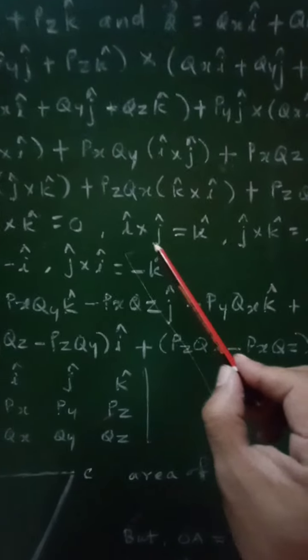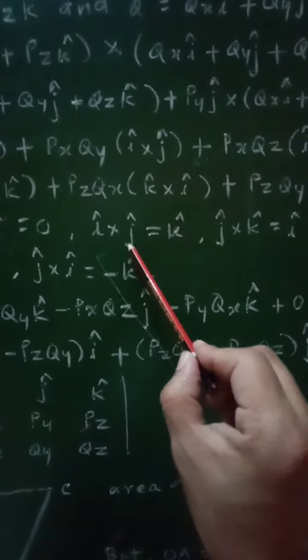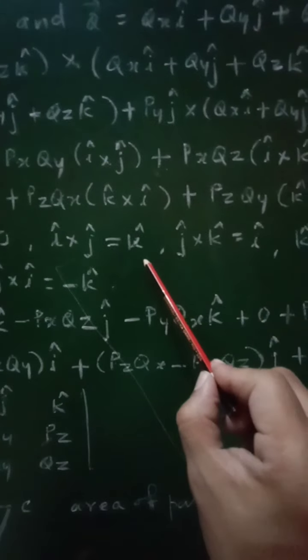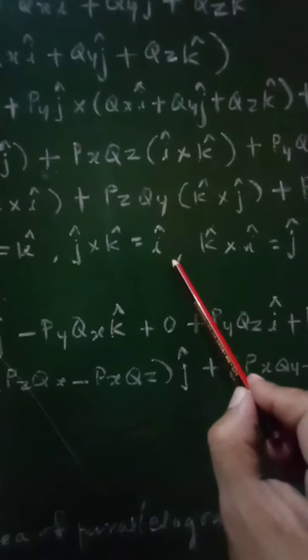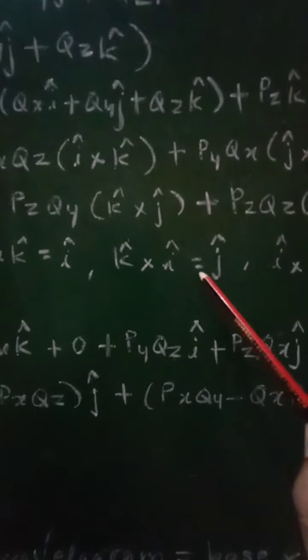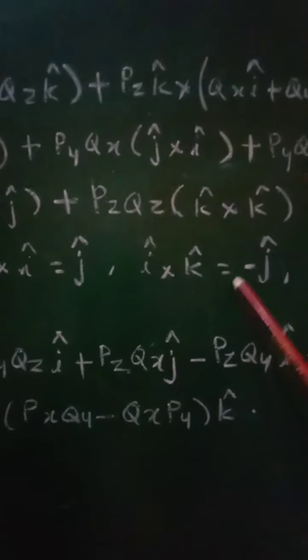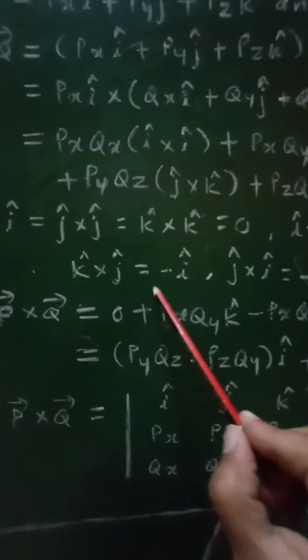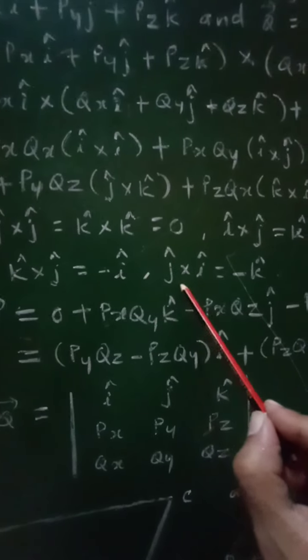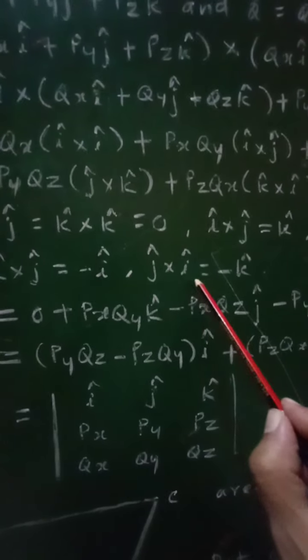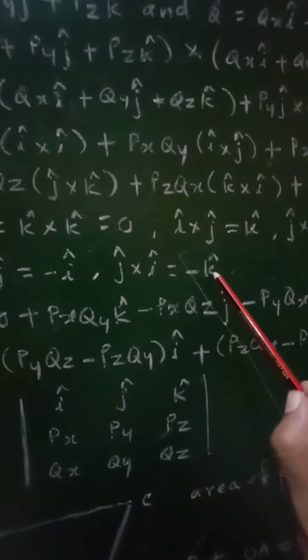Now for the remaining, i cap cross j cap will be equal to k cap, j cap cross k cap equal to i cap, k cap cross i cap equal to j cap, i cap cross k cap equal to minus j cap, then k cap cross j cap equal to minus i cap, and j cap cross i cap will be equal to minus k cap.